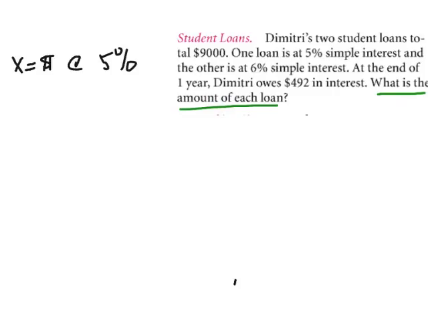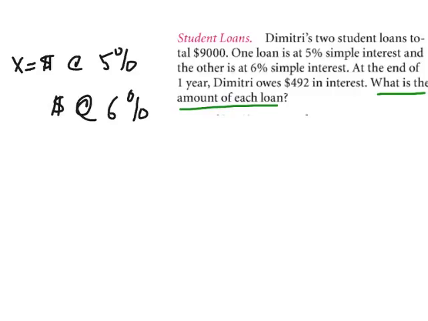But we also need to find the money at 6% interest. Now, a real common mistake I'll see is people call that X also. Can't be the same. It doesn't tell me that I borrowed the same in both accounts.